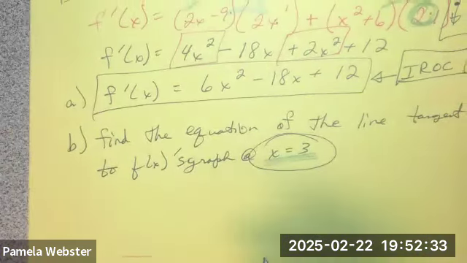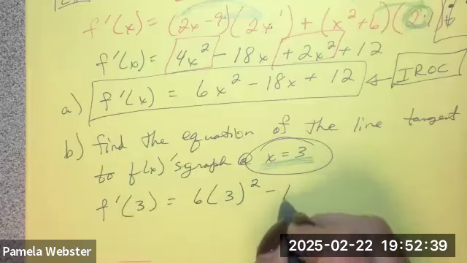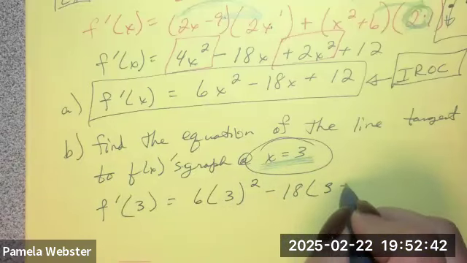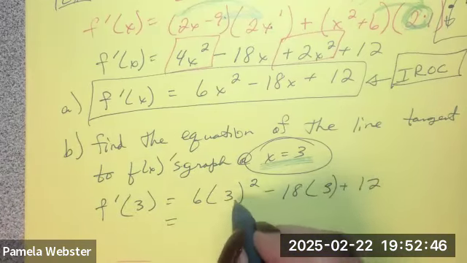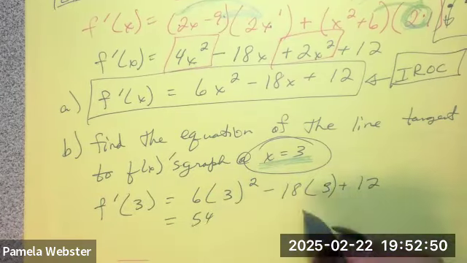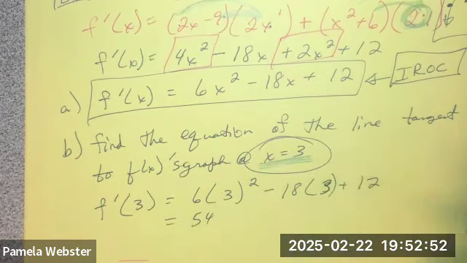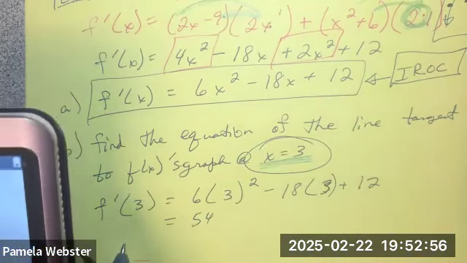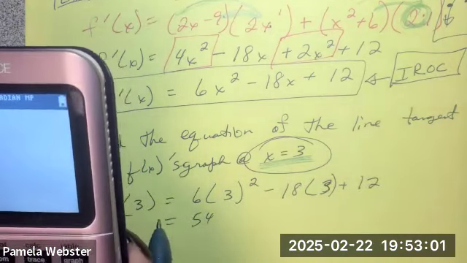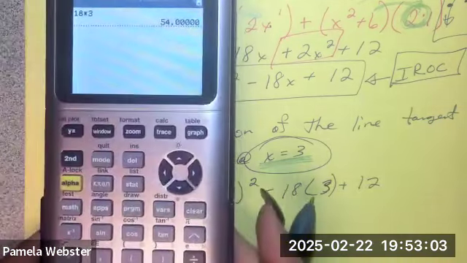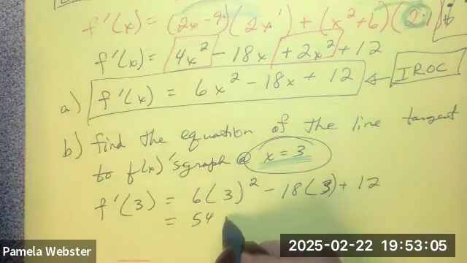So f prime of 3: 6 times 3 squared, minus 18 times 3, plus 12. Well, 3 squared is 9, and 9 times 6 is 54. 18 times 3 is also 54.